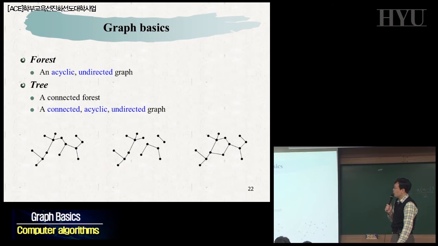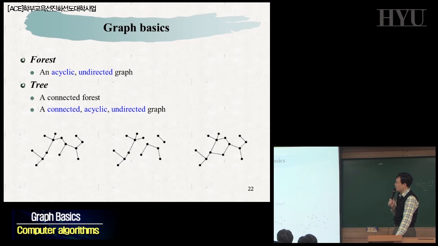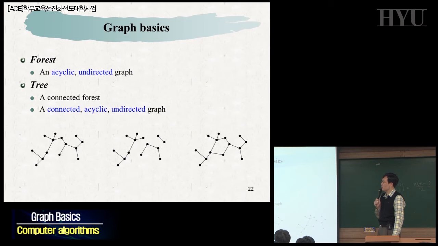Okay, then I will explain forest and tree. A forest is an acyclic undirected graph. Is this a forest? Yes. Look at this.